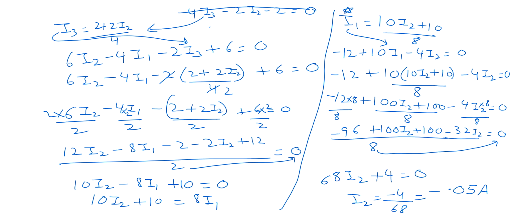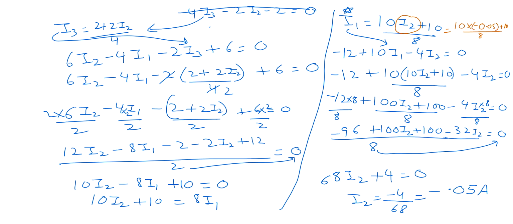So I am just substituting the value here to find I1. So instead of I2, I will put here minus 0.05. So I will put here 10 times minus 0.05 plus 10 divided by 8 and solve for it.